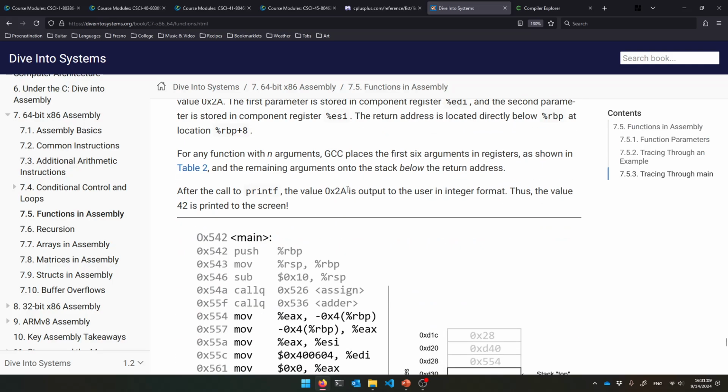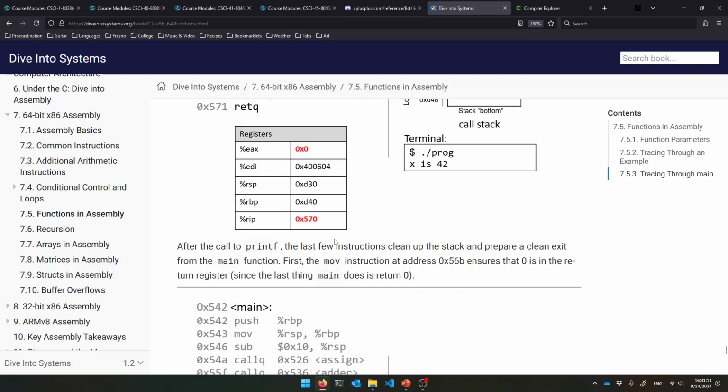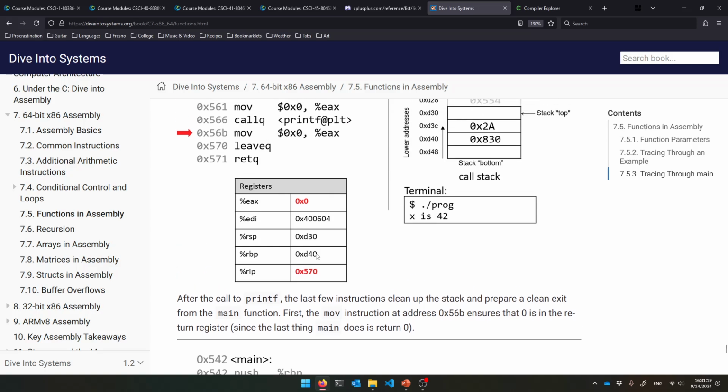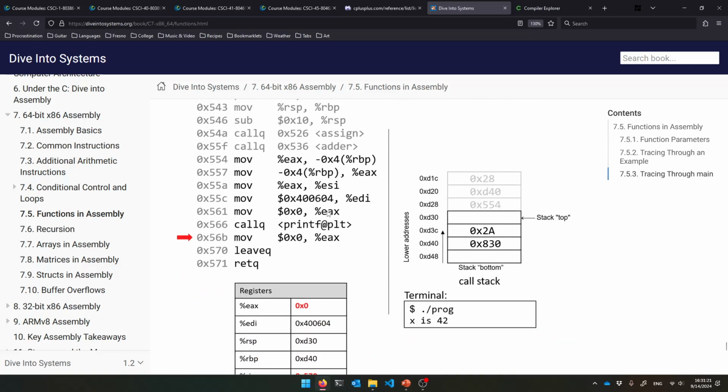That's pretty funny. And then we're back here. Clean up the stack, prepare. Yeah, make sure that 0 is the return register's value because we're returning an int. So I have no idea why we're putting 0 in EAX before the printf call, because the first two arguments were in other registers. So yeah, I guess that's that.